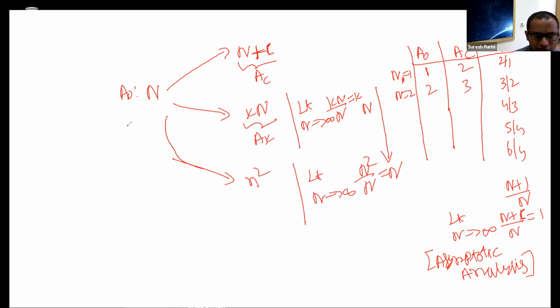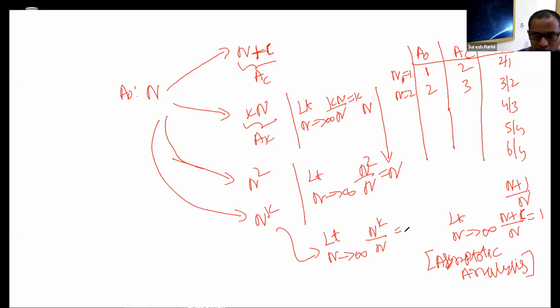So in general, if you have a polynomial, an algorithm which takes n power k time, and you take the limit as n tends to infinity of n power k by n, this is n power k minus 1. So this is a problematic case.